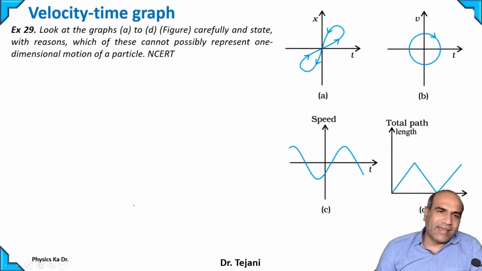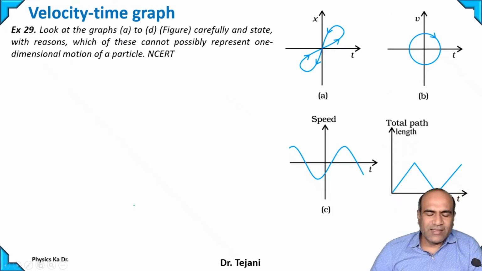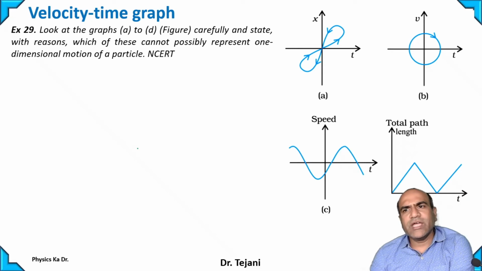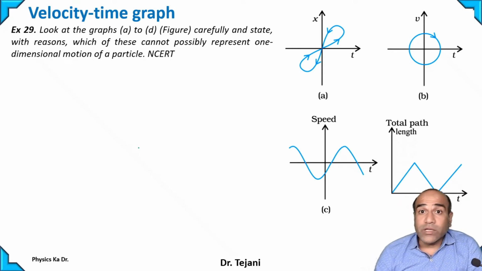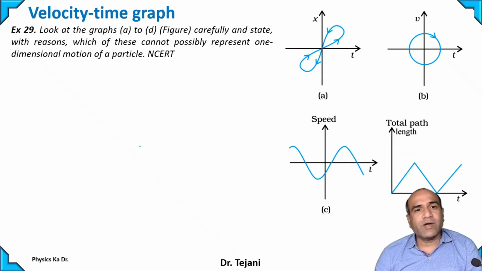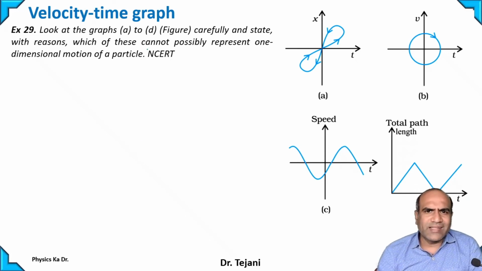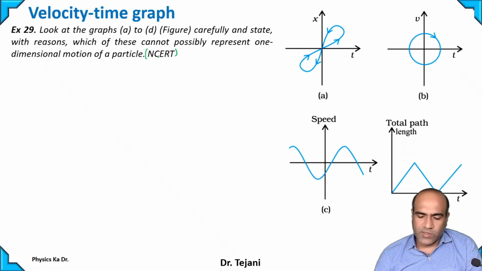Then, example number 29. Look at the graph A to D carefully and state with reasons which of these cannot be a possible representation of one dimensional motion of a particle. We are studying one dimensional, and this is from your NCERT book.